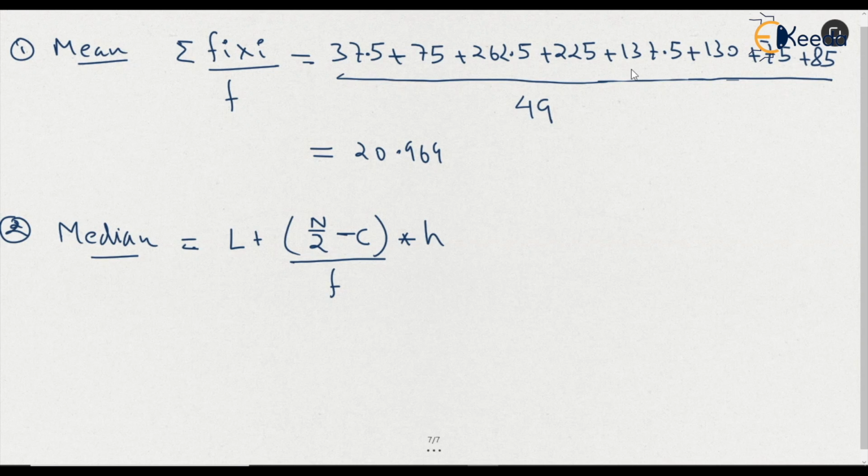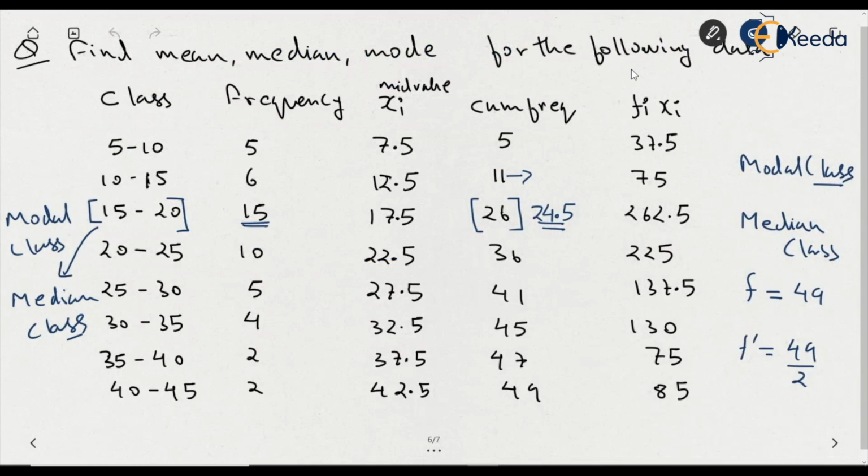Let's not get confused. Let me write this: sum of frequency or sum of fi. So we are not getting confused, right? Now, like we have already discussed, the median class is 15 to 20. Why? Because the sum of all frequency was 49, so 49 by 2 was in this class 15 to 20.